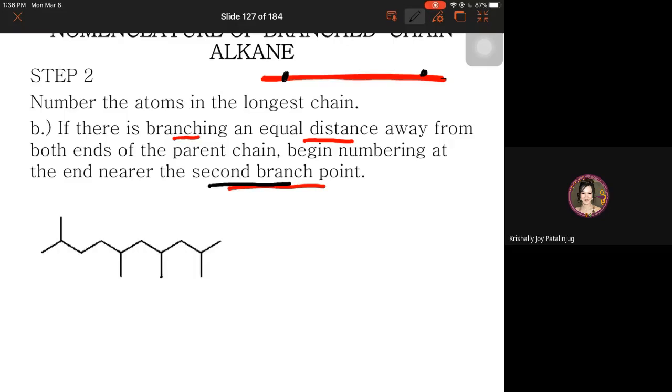Okay? So say for example, obviously this is the parent. No, for this skeletal structure, obvious naman yan yung magiging parent. Okay? Now, upon assigning a number sa carbon atom sa parent ha, you will find out na if you start on this part sa right side, on the second carbon may branch ka na, may substituent na.